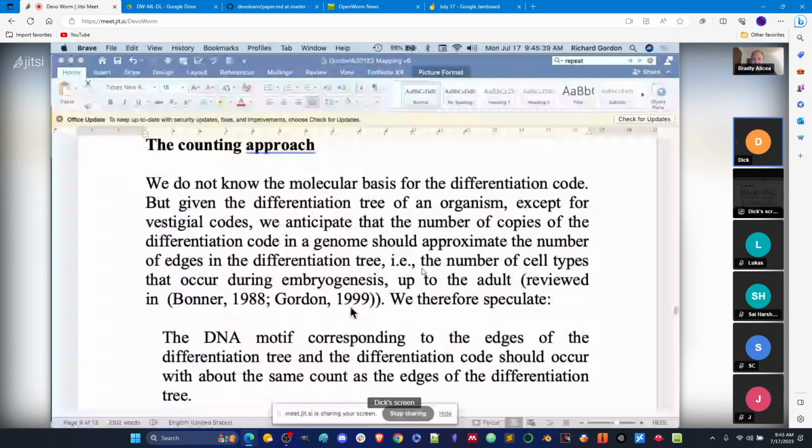I don't know if this has improved, but humans were estimated to have about 256 cell types. Well, this is 20 years ago. And mouse was estimated to have 5,000. So we don't have a proper differentiation tree of a mammal yet.